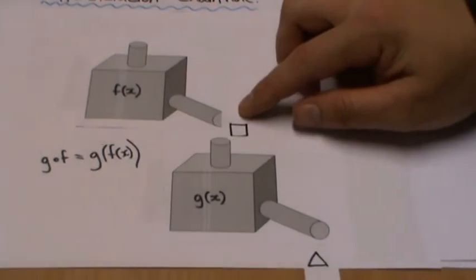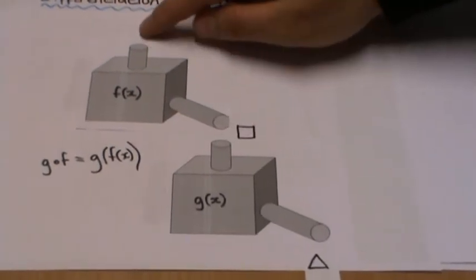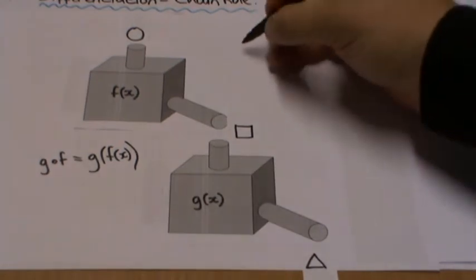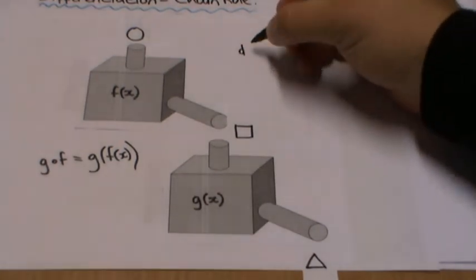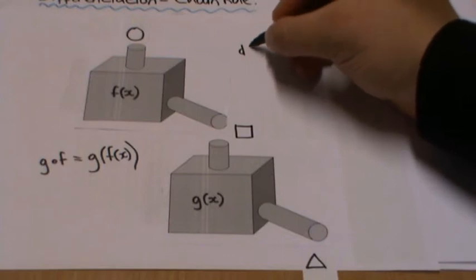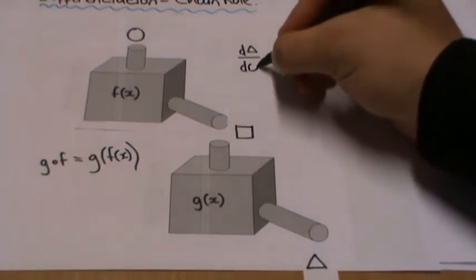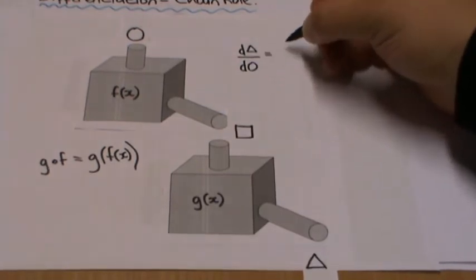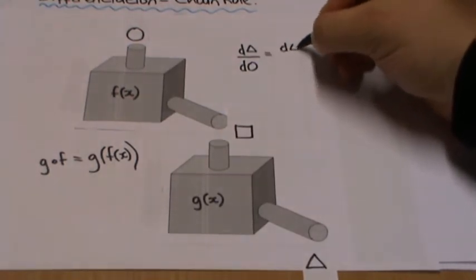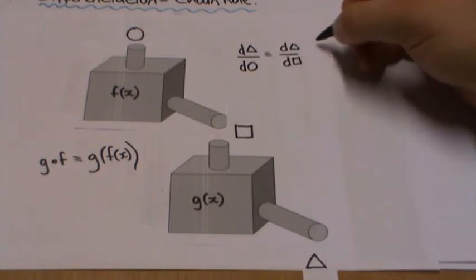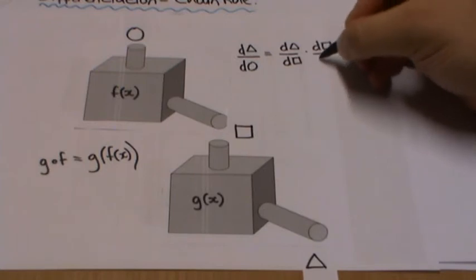So what does this have to do with the chain rule? Looking at the shapes, if we want to decompose the composite function d triangle with respect to the circle, we would do it in this way: d triangle over d square multiplied by d square over d circle.